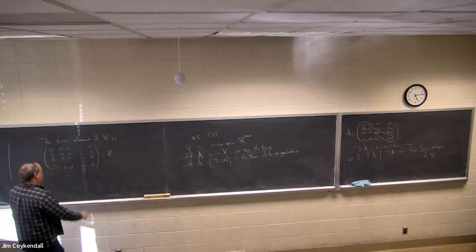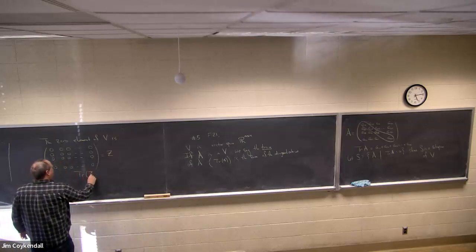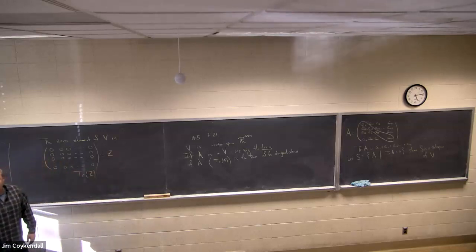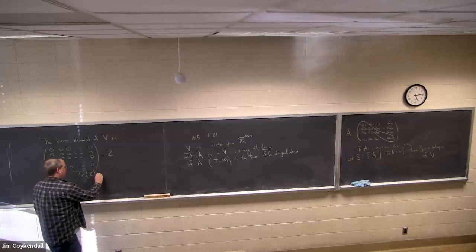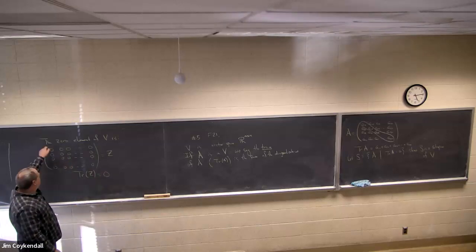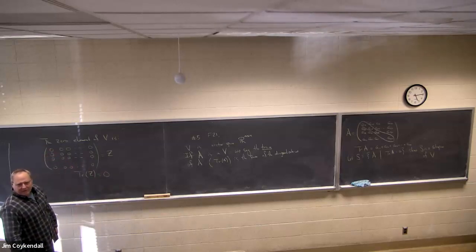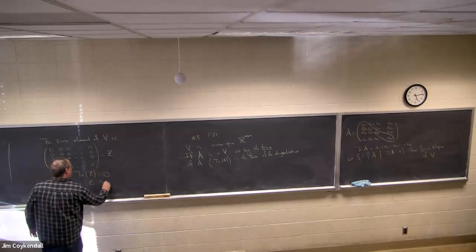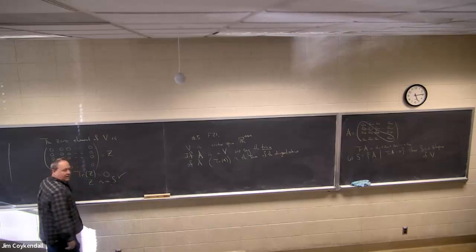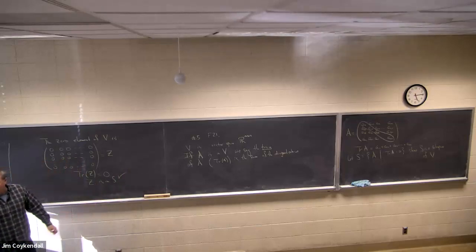Now tell me, what is the trace of Z? Add the diagonals, they're all zeros. So Z, our zero element, is in S. There's the first thing.